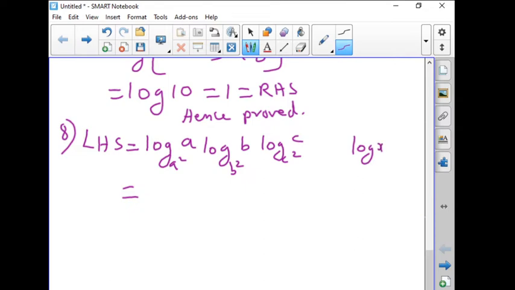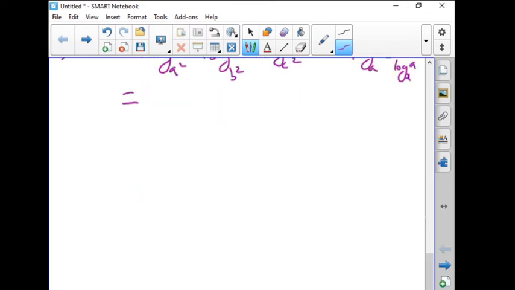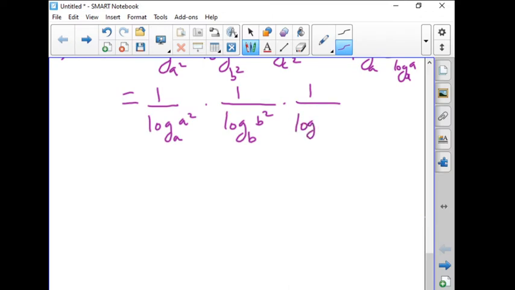Now we know the result: log x to the base a can be written as 1 by log a to the base x. Therefore, this can be written as 1 by log a square to the base a into 1 by log b square to the base b into 1 by log c square to the base c.